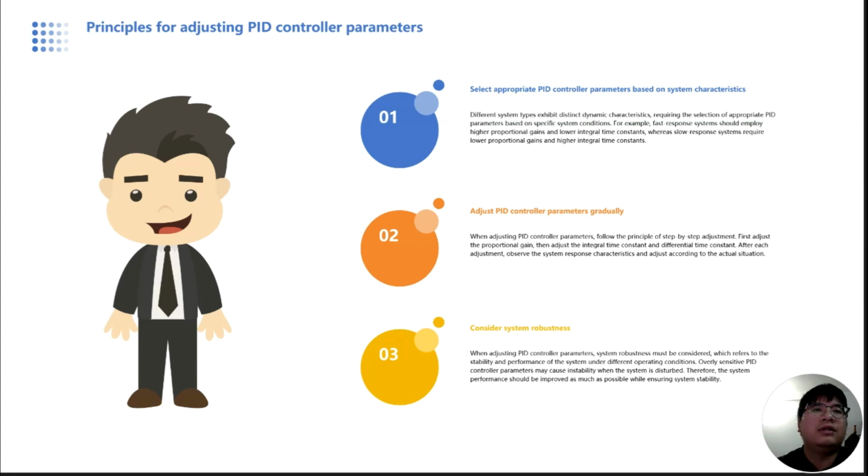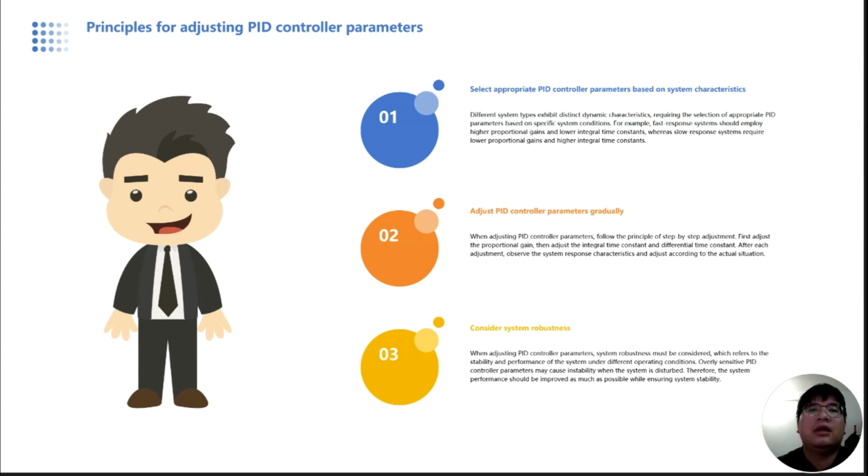For a quick response system, we can use a large KP. For a slow response system, we need to be more patient, with a smaller KP and a large KI.